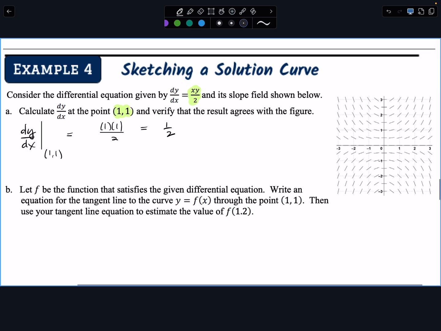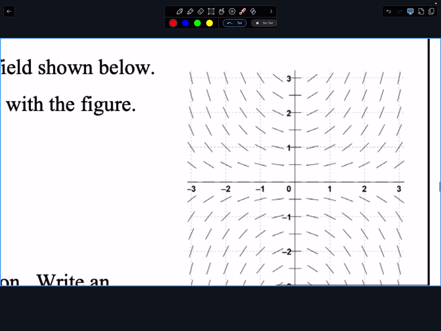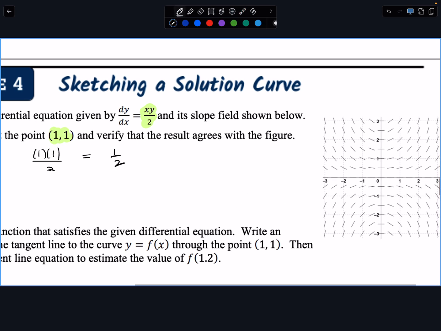So if I go to my graph, does it look like at (1, 1), guys, the slope could be 1/2? Yeah, it looks like it could be 1/2. So I'm going to say, sure. It agrees. Cool.